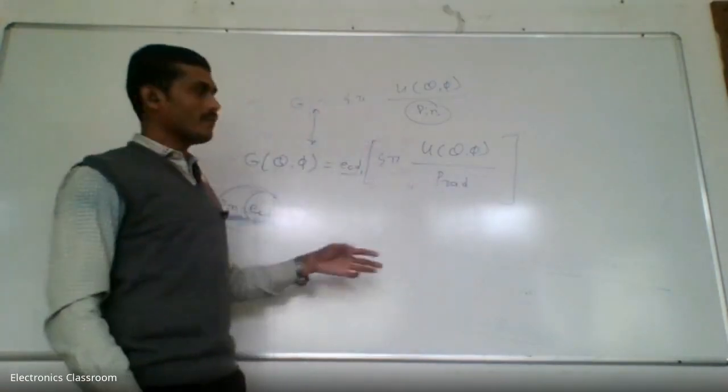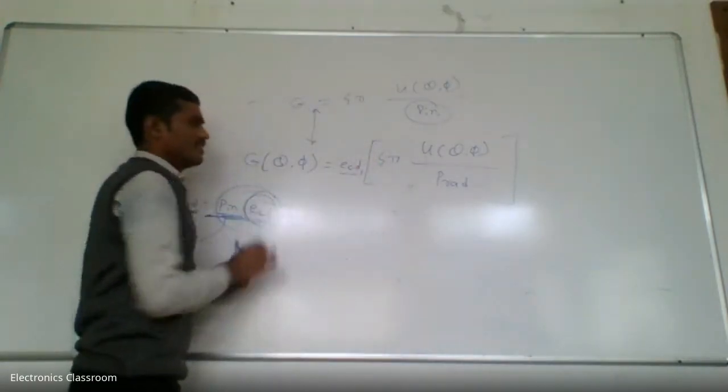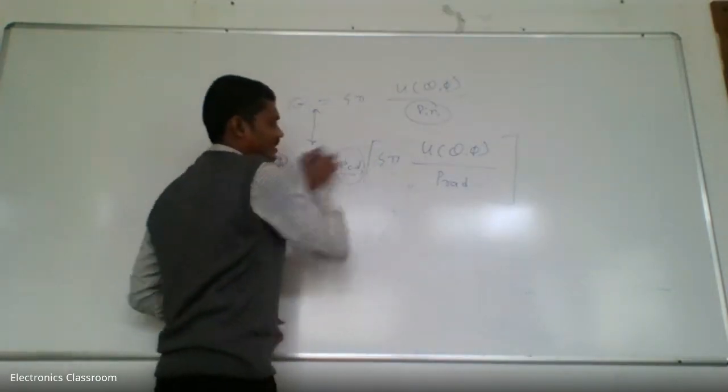When we write P radian, we are taking ECD, so we also take ECD in the numerator.